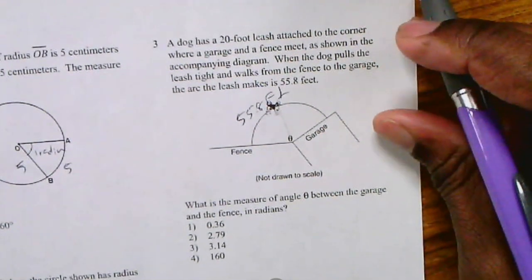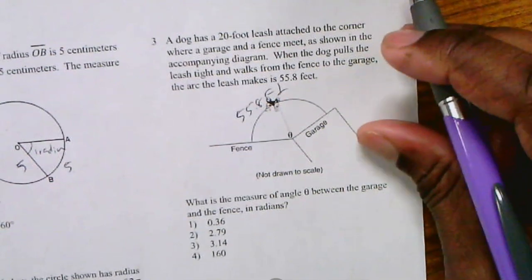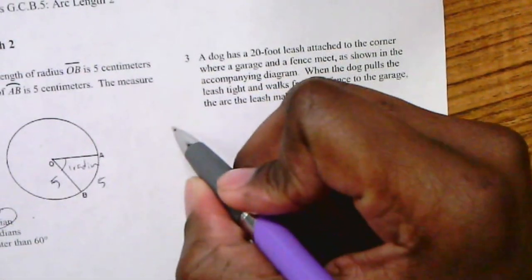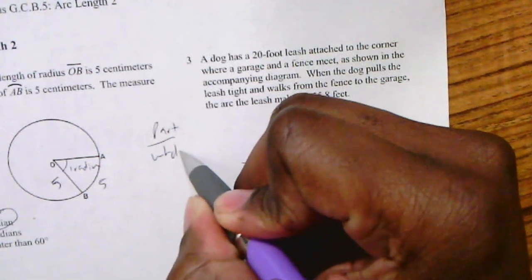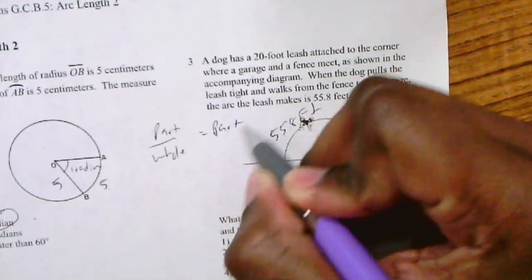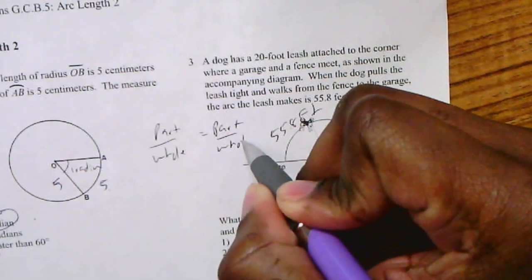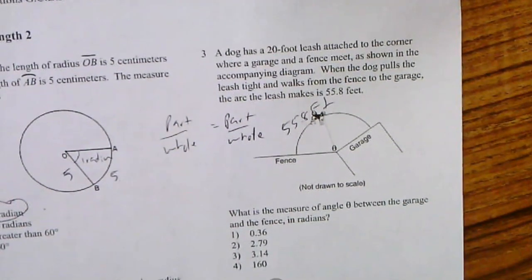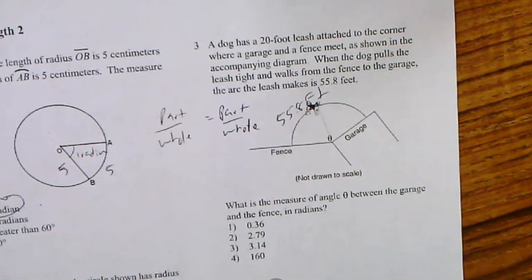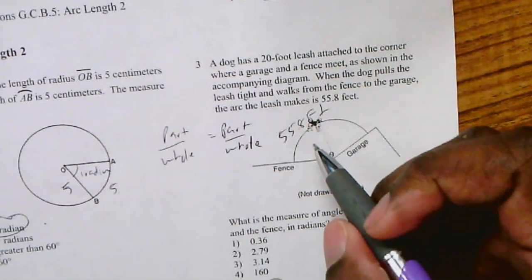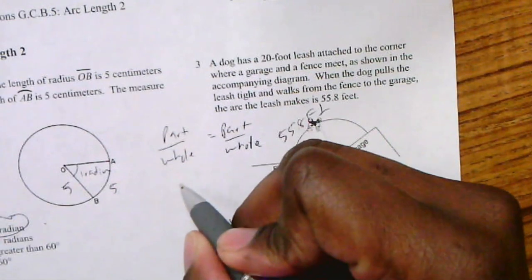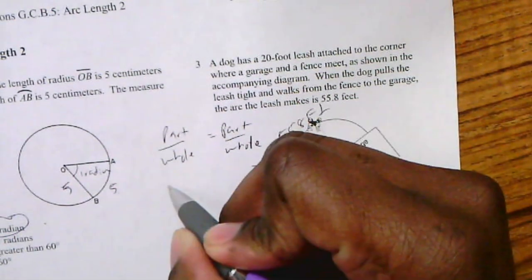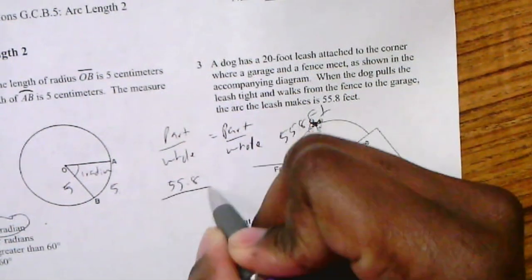So what we could do is rewrite this as part over whole equals part over whole. The part that we do know of the circumference is the arc, which is 55.8.